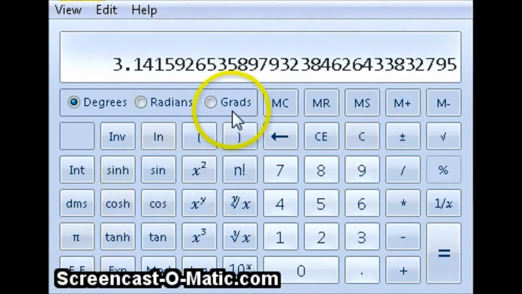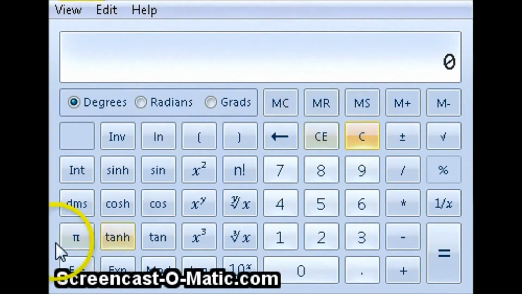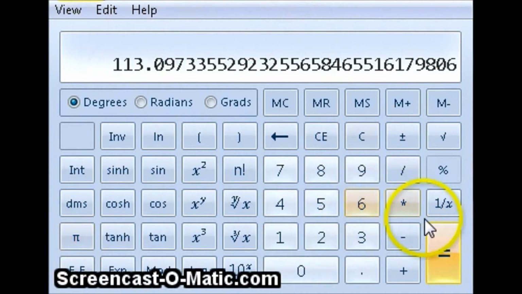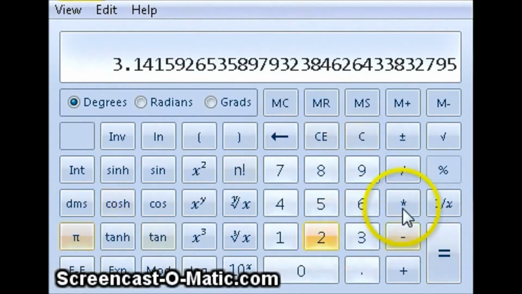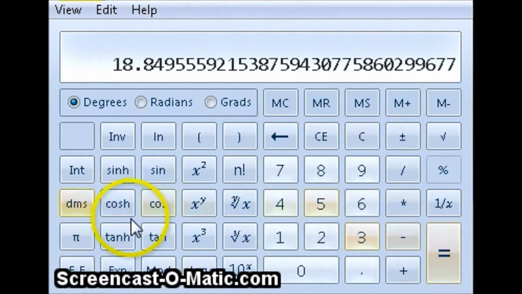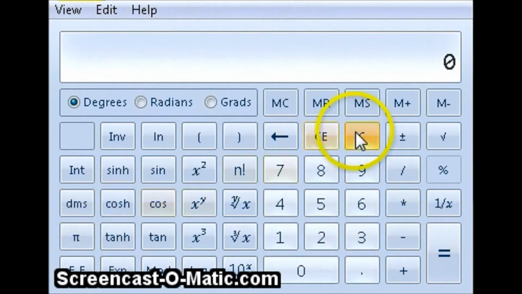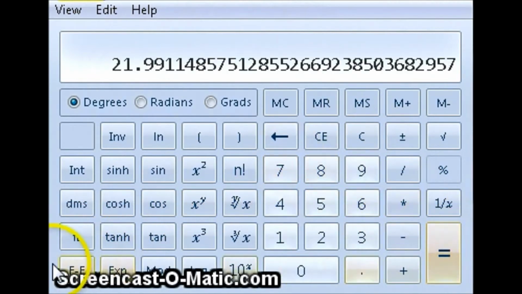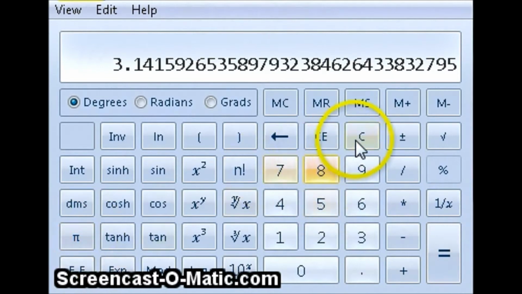But this takes most of it. 3.14 times 2, 6.28. Never mind about that. Just using this is simpler. No, not divide. Times 7, 21.98.